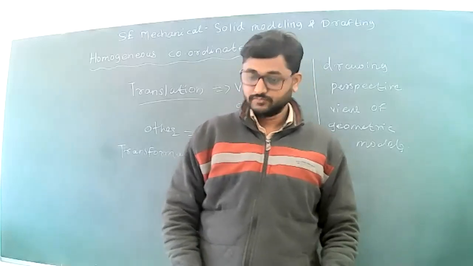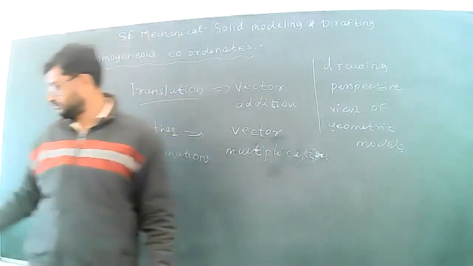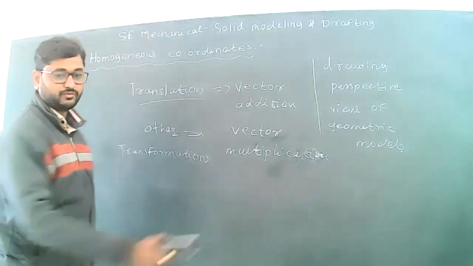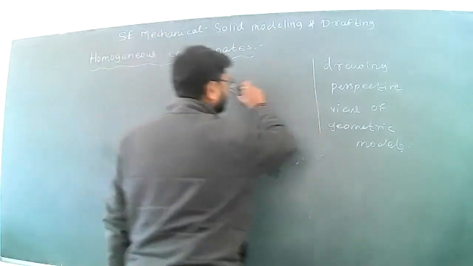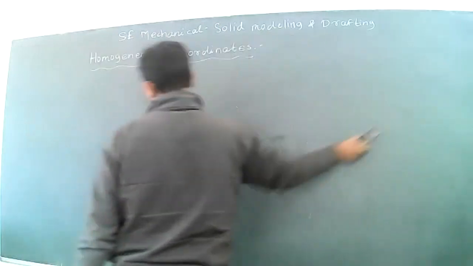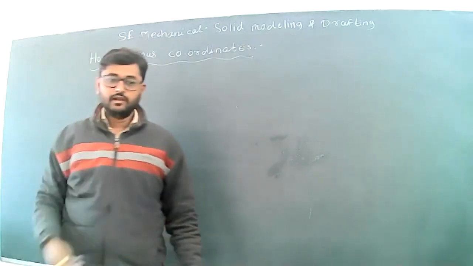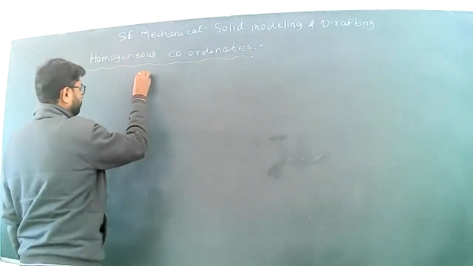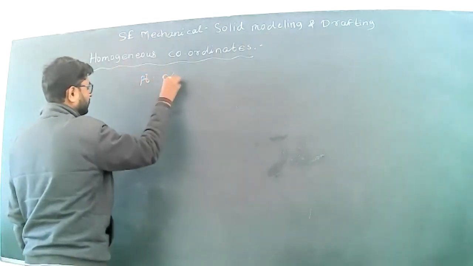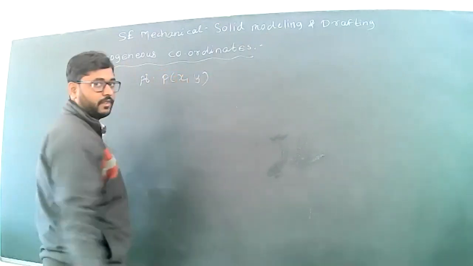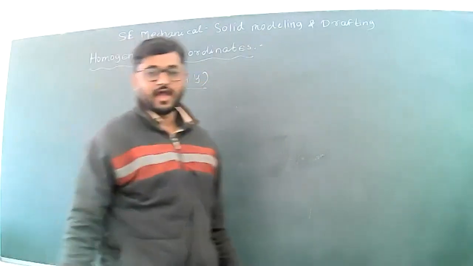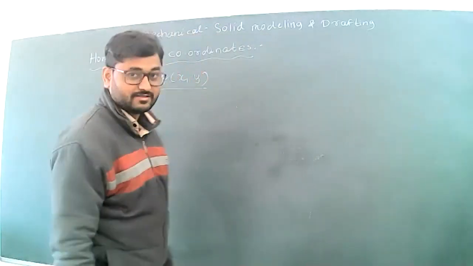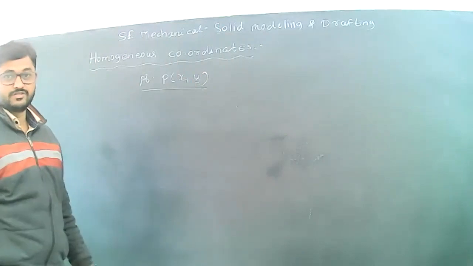For example, consider a point P(x, y). It can be expressed in terms of the homogeneous coordinate system.